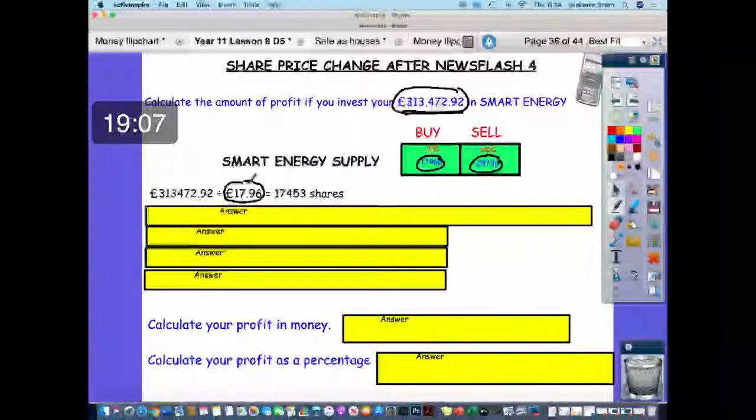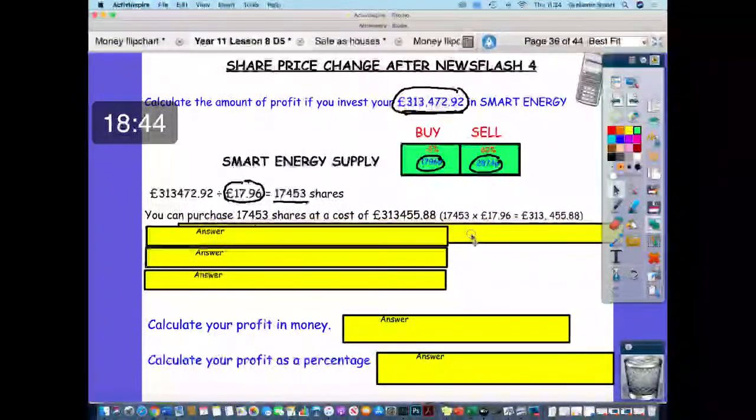And that means I can purchase 17,453 shares. I don't quite have enough money to purchase 17,454 shares. So I've purchased 17,453 shares at the price of £17.96 or 1,796 pence.